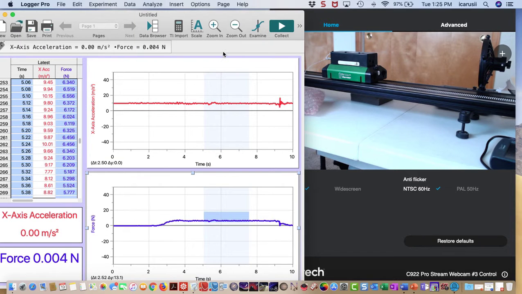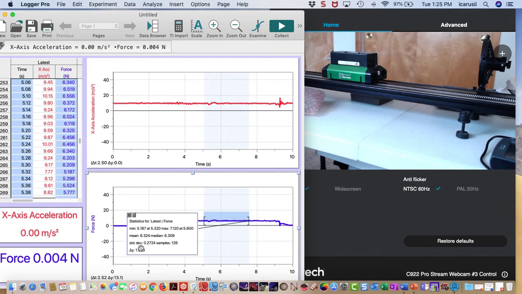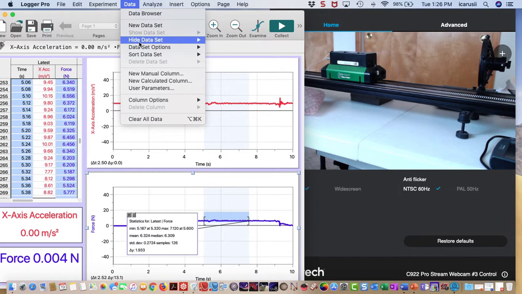So if I take that and do an average, my cart is at 60.32 newtons as far as the mean goes. So I'm going to save this run as weight run.